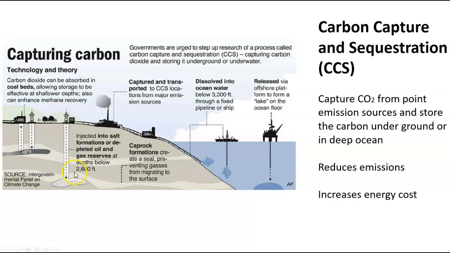But you can also put it into old oil or gas reserves, together with chemicals that bind the gas into solid. We can also pump it into the ocean water at deep levels where it wouldn't necessarily come back to the atmosphere. So basically, as I said, this reduces the emissions. It doesn't provide us with net negative emissions.